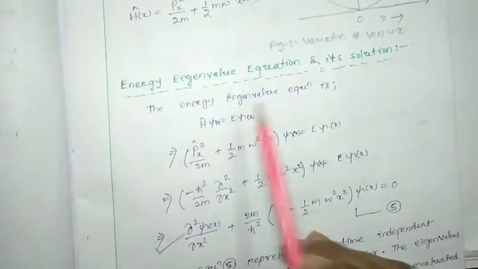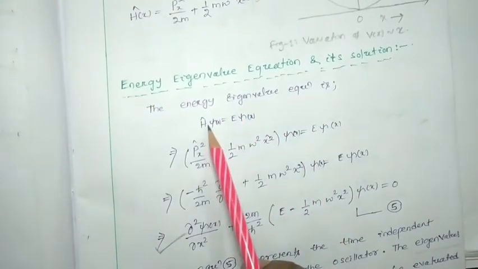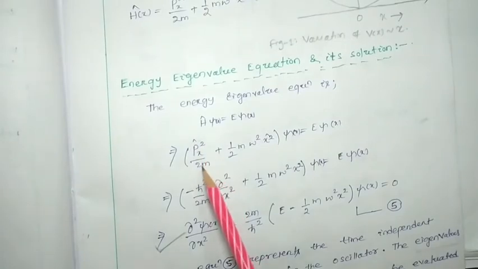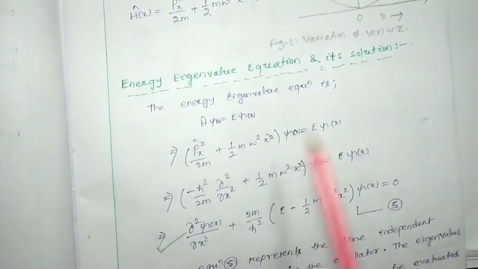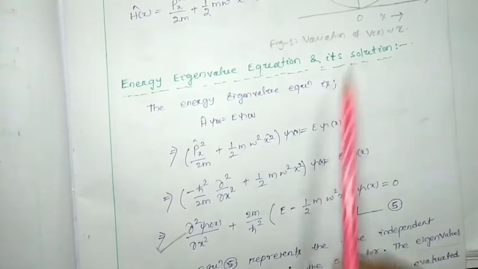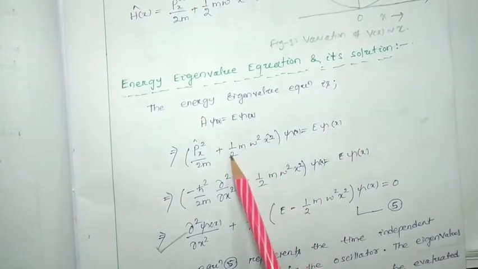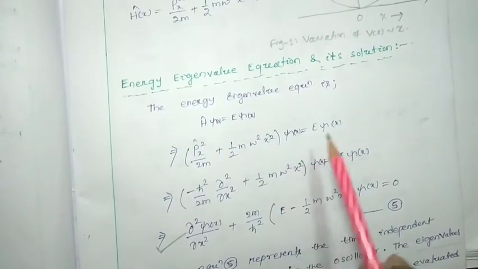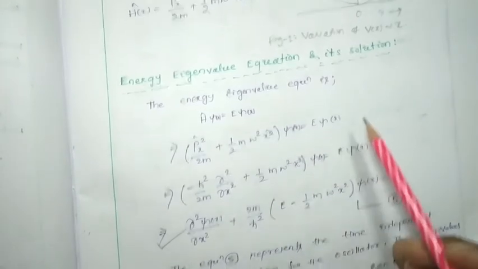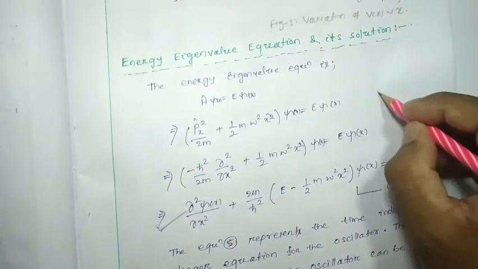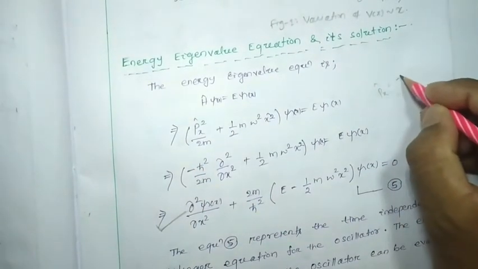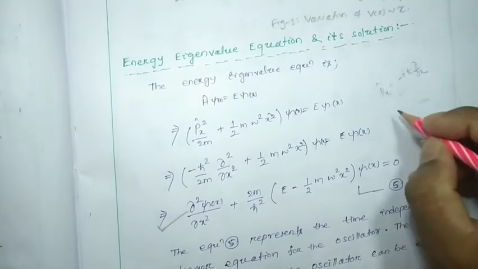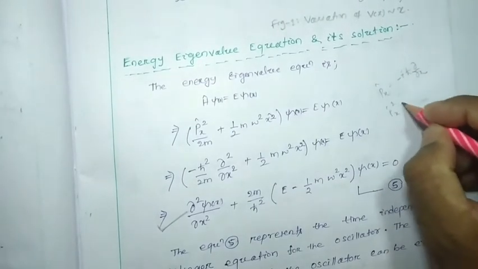For this situation, H cap is how much? The kinetic energy operator, px cap square by 2m, plus the potential energy operator for this motion, half m omega square x cap square, acting on psi x equals E psi x. Here we know that px cap is minus i h cross del by del x, right? Px cap square is how much?